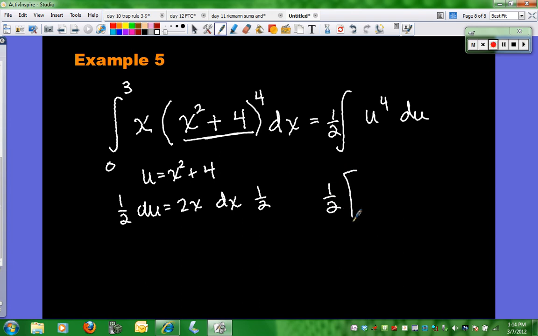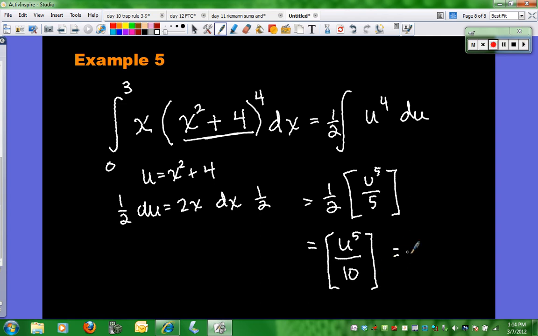So 1/2 u to the 5th over 5 is equal to u to the 5th over 10. Now I can put that x squared plus 4 back in there, and then do my bounds. Look at that, x squared plus 4 to the 5th over 10.